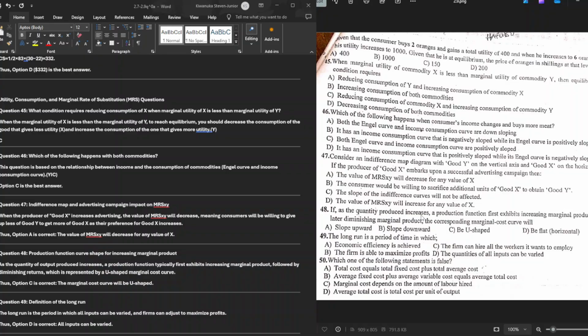If the quantity produced increases, a production function first exhibits increasing marginal product, and later diminishing marginal product. The corresponding marginal cost curve will be flat, horizontal, slope downward, or slope upward.